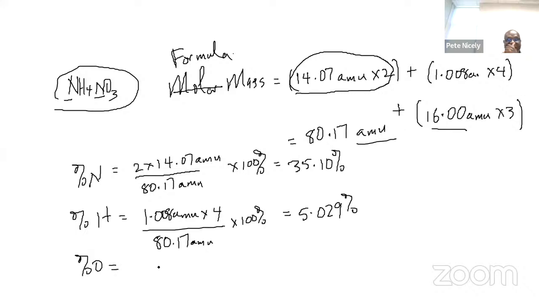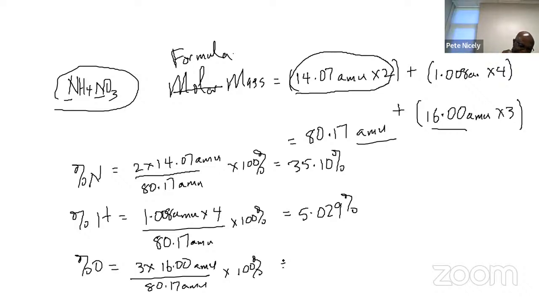So how do we calculate that? That's going to be 3 times 16.00 AMU divided by 80.17 AMU times 100%.